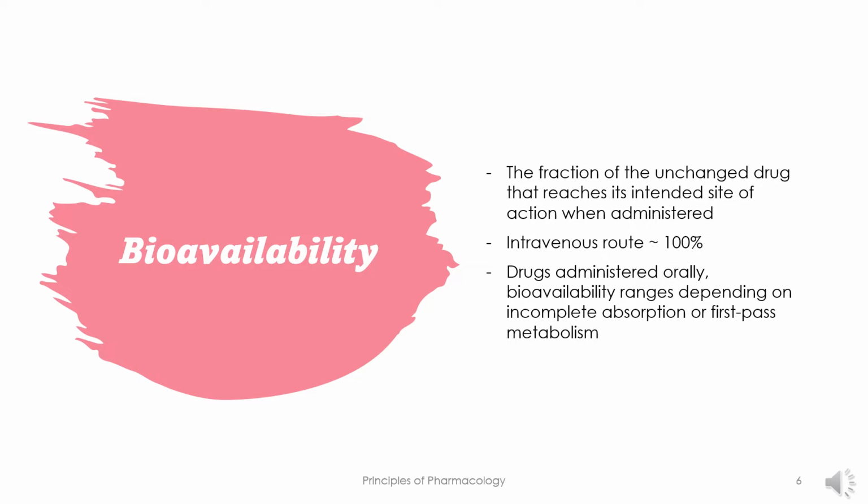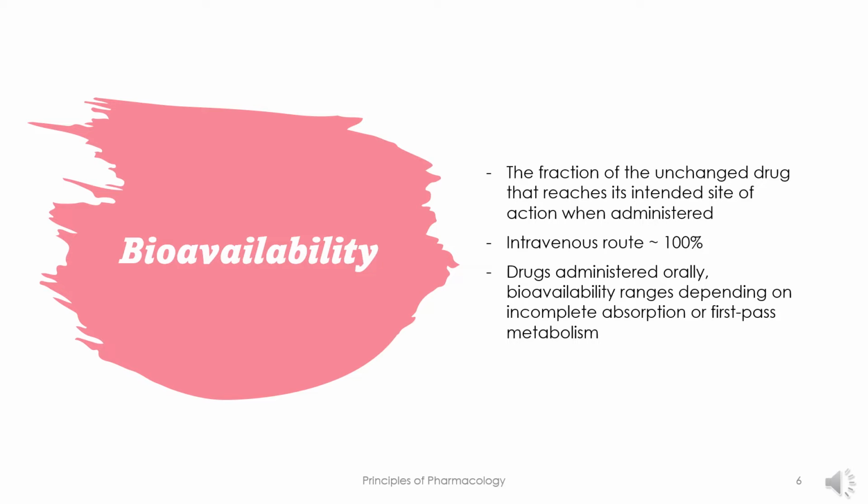Bioavailability indicates the proportion of a drug that reaches its intended site of action when administered. As mentioned earlier, the IV route has 100% bioavailability, and for drugs administered orally, the bioavailability ranges depending on either incomplete absorption or first-pass metabolism.